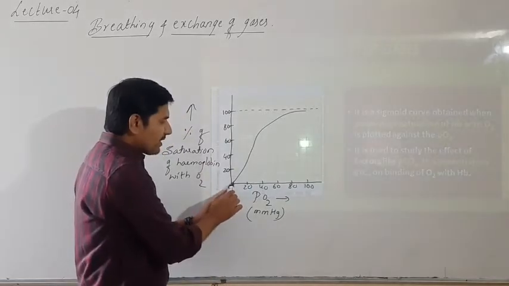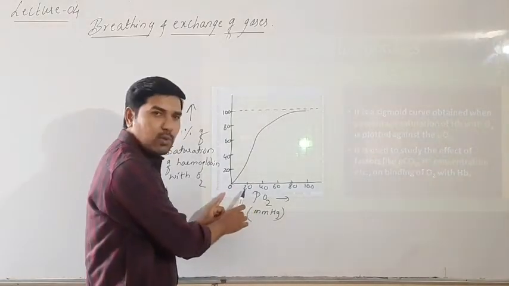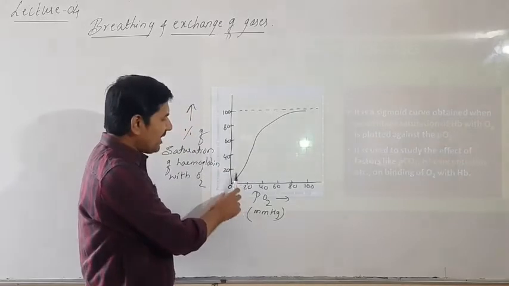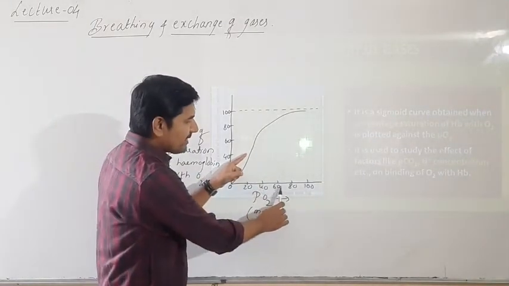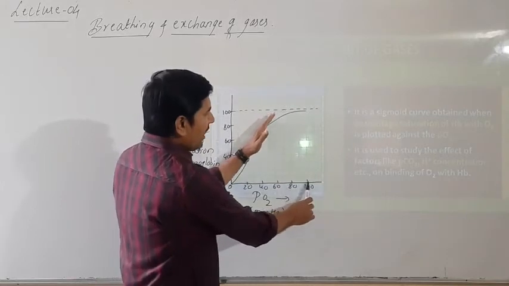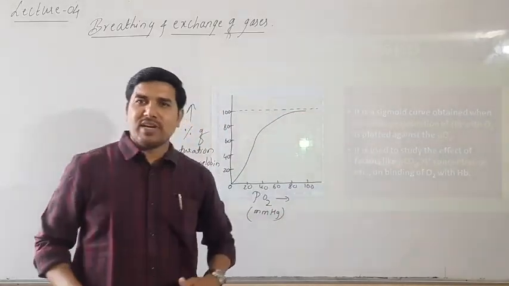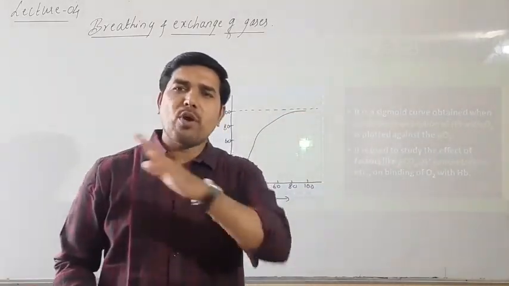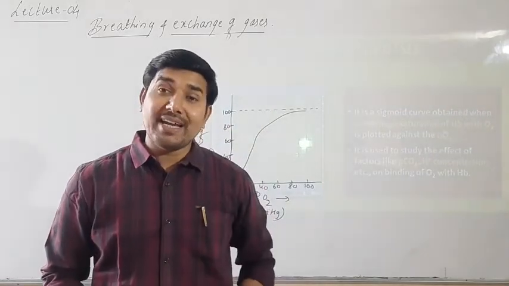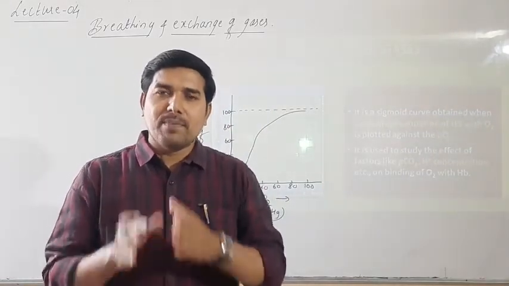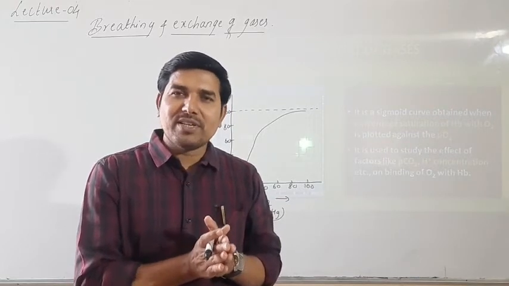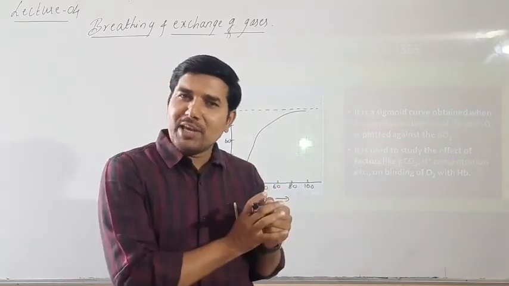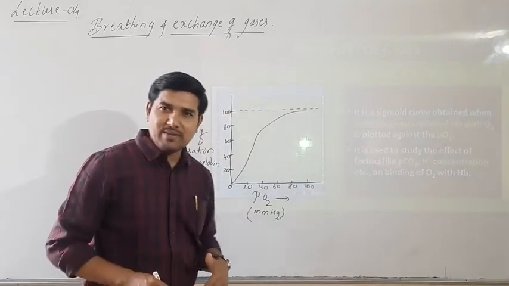Suppose the concentration of oxygen is 20 mm of Hg, then it binds. At 40 again it binds more, it increases. At 60, 80 it binds, and at 100 it gets saturated. The saturation point is around 98% only.